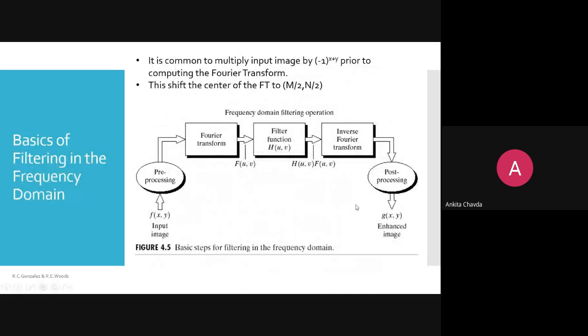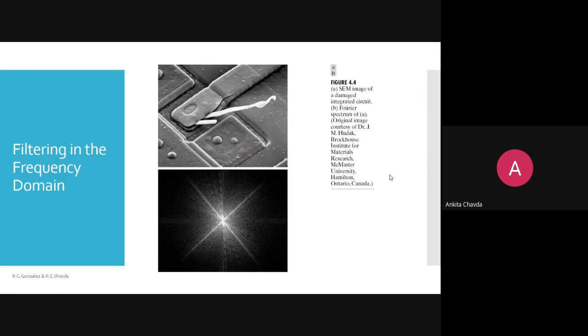I'll multiply by minus 1 raised to x plus y, then I'll convert into the Fourier transform, then I'll shift back to the original one, and then I'll get my original image in the spatial domain from the frequency domain. But that we will discuss in the very next lecture.